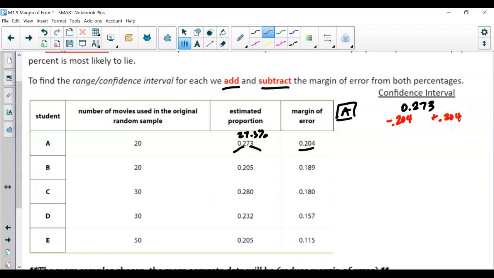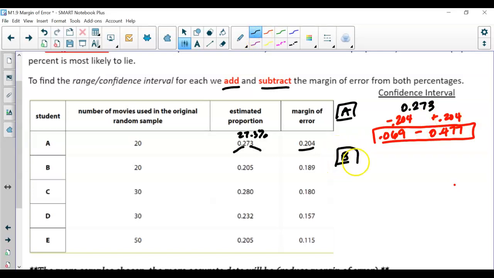So the confidence interval, so here, that our data could fall between is 0.069 from subtracting to 0.477, which is adding. This is the interval. So again, this is not necessarily the lowest or the highest. This is just that estimate using that margin of error.